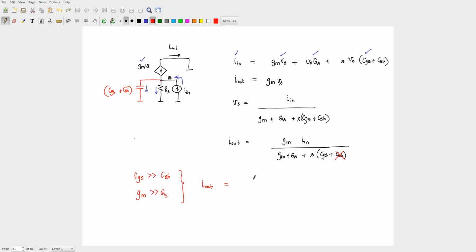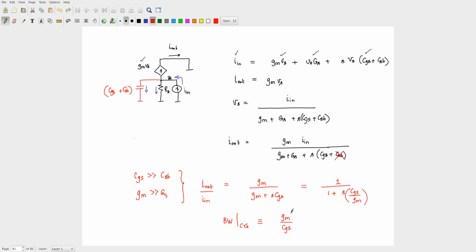I out by In becomes Gm by Gm plus s CGS, which is nothing but 1 divided by 1 plus s CGS by Gm. So the bandwidth of the common gate amplifier is Gm by CGS.